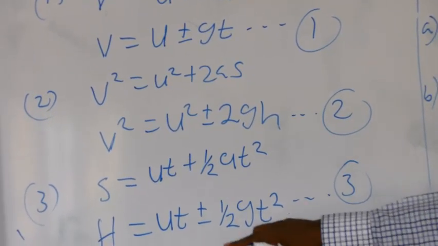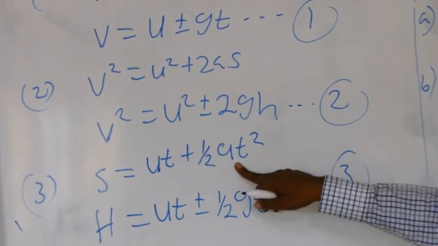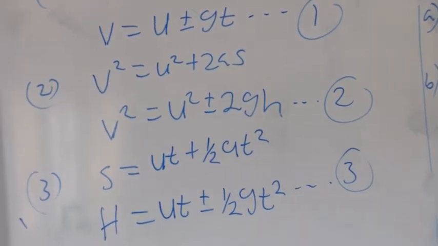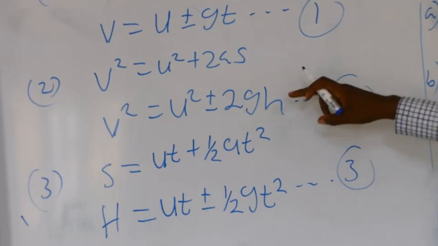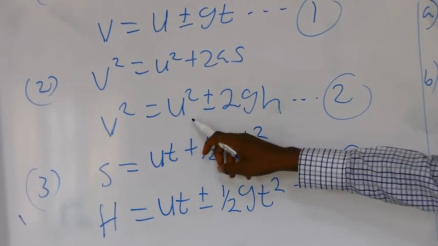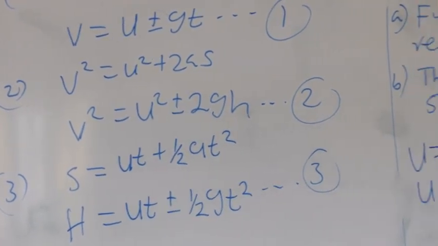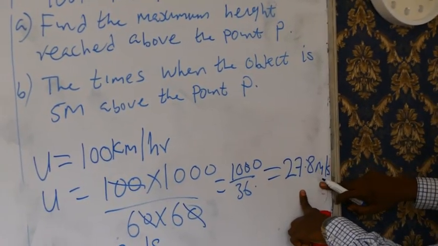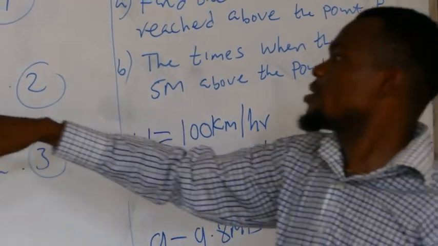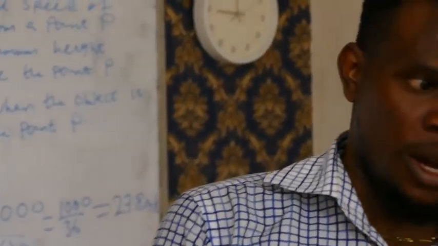If we look at equation 3, it also has height, acceleration due to gravity, and time. So it means that any of these can actually go, because already we have our initial velocity calculated to be 27.8. And when an object is released from height, the final velocity we said should be what? 0.